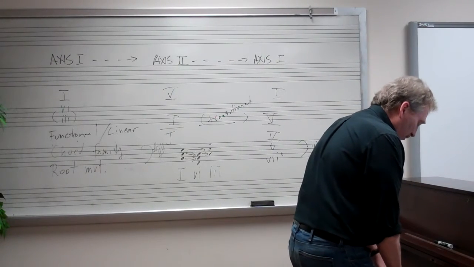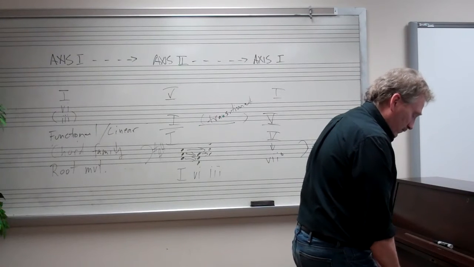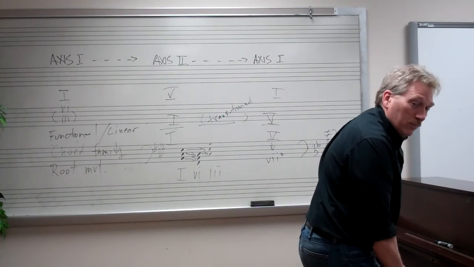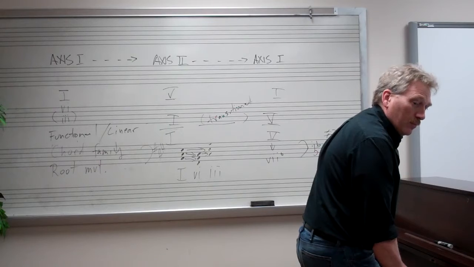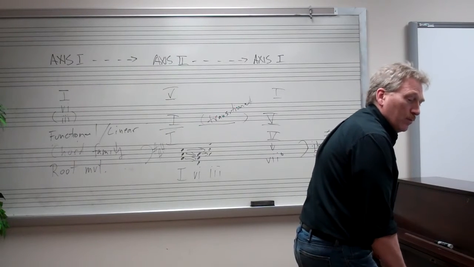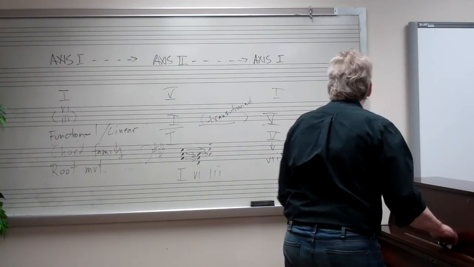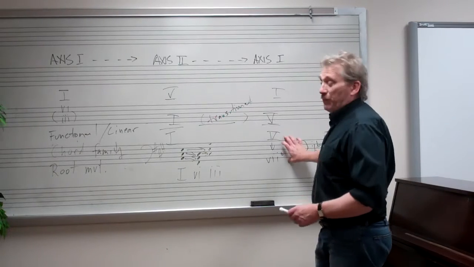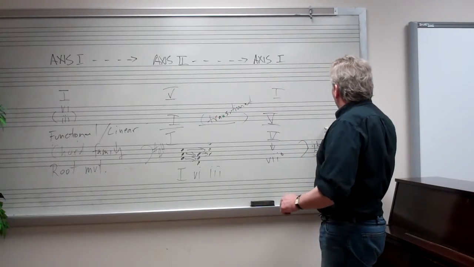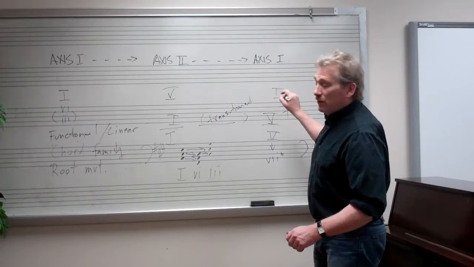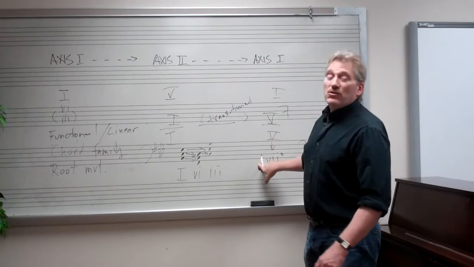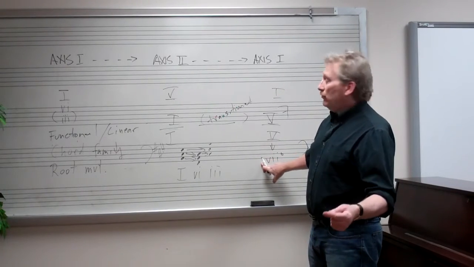Here we are in B flat. And you can hear, because not only is it parent-child, but it's stacked up together, they give us our dominant seventh. The leading tone chord is a child chord of our dominant.